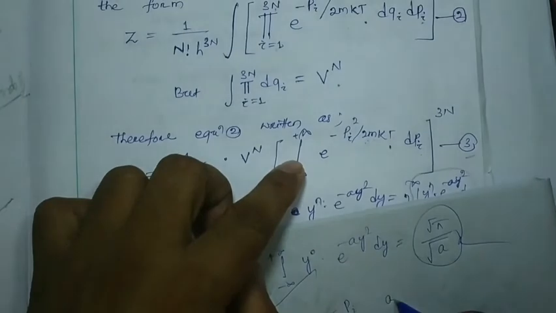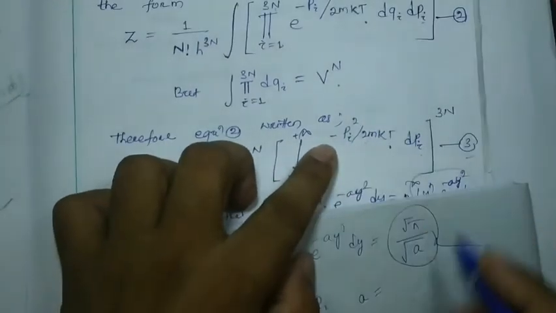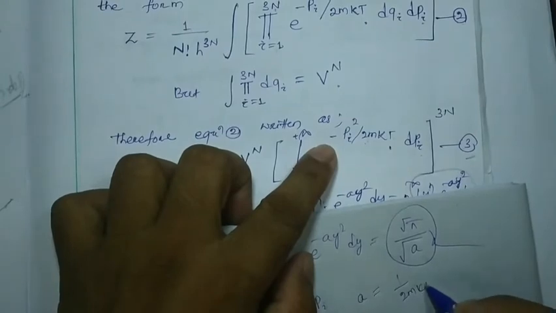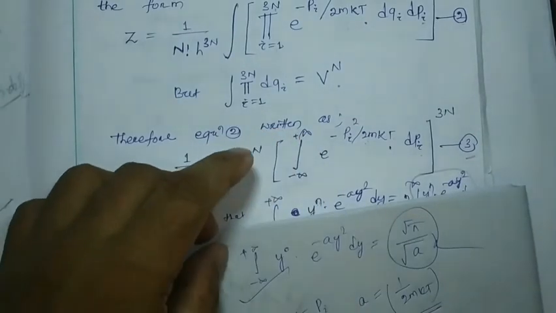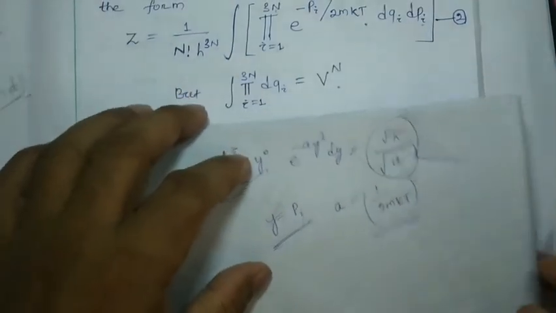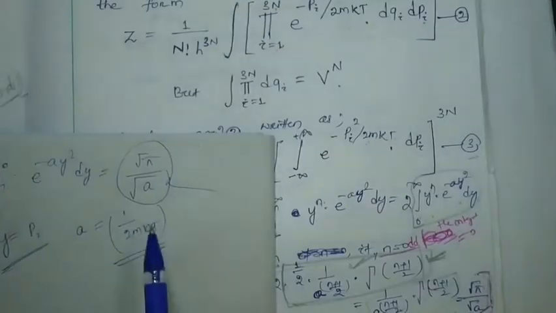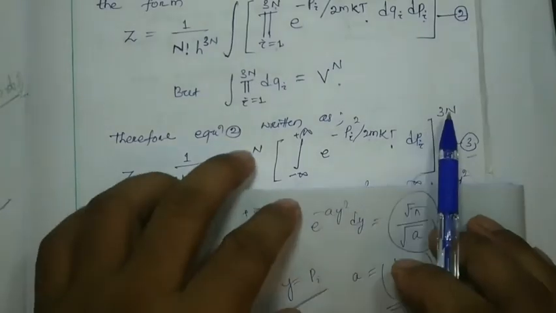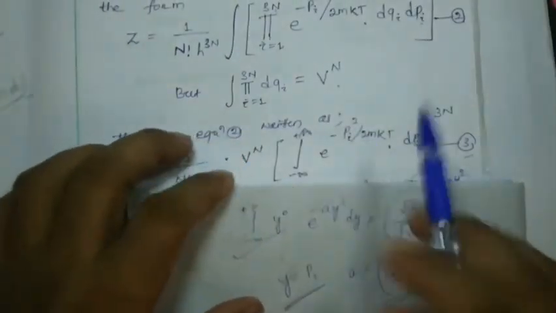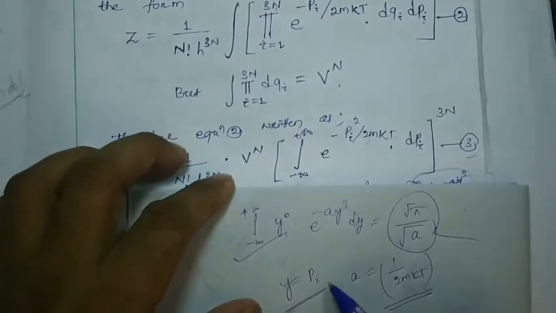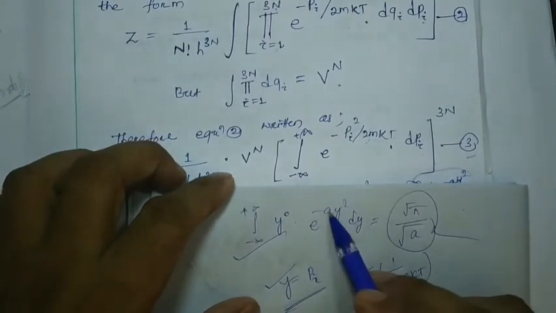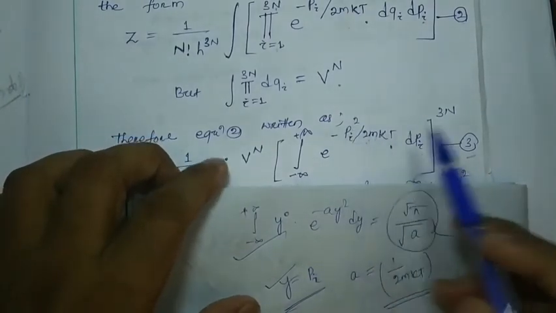Here a will be equal to 1 by 2m kT, right? 1 by 2m kT. Got my point? If I compare this integral with this one, so the p will be y and a will be 1 by 2m kT.